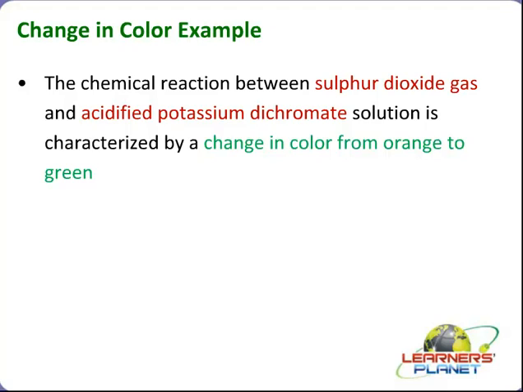So this is the complete term, acidified potassium dichromate. Okay. So for acidified potassium dichromate, we have added a few mLs of sulfuric acid to potassium dichromate. Right. Now if I pass sulfur dioxide through this potassium dichromate, what is happening? The color is changing from orange to green. Now this is again a sign that your reaction has taken place.